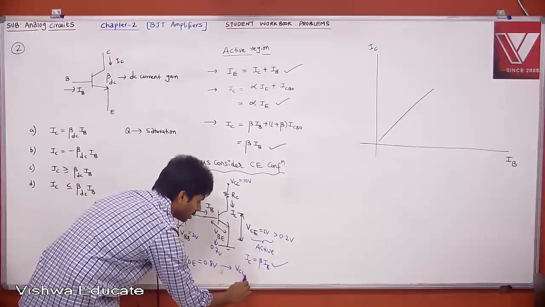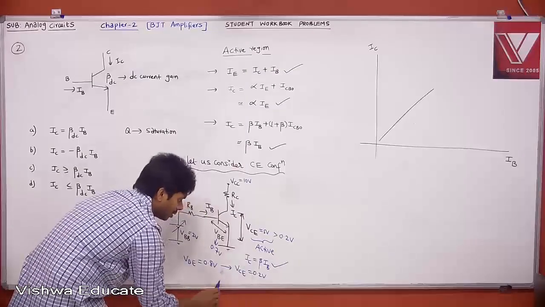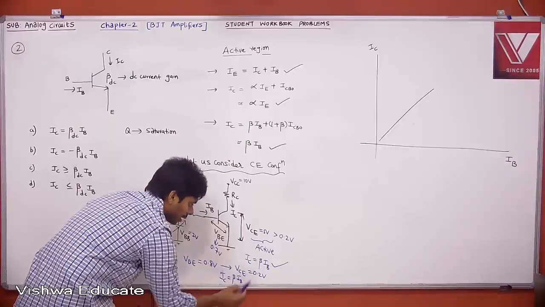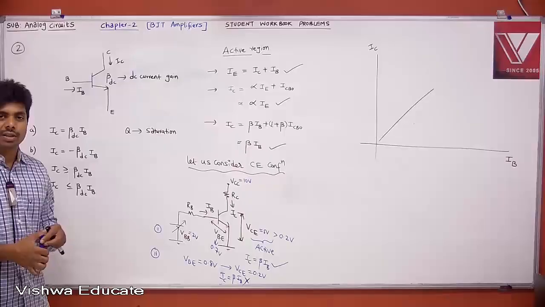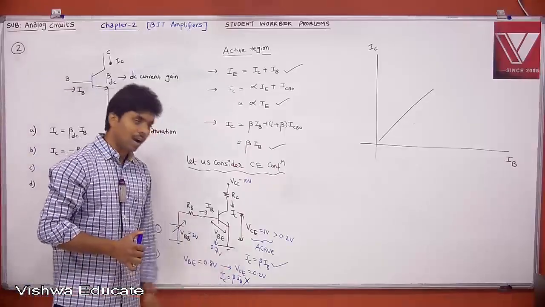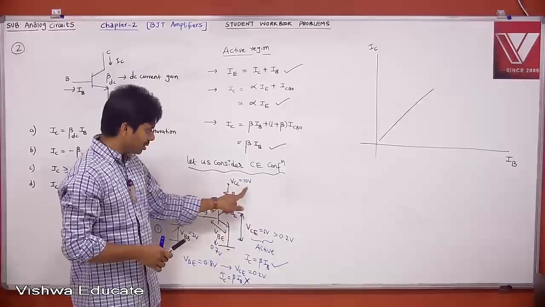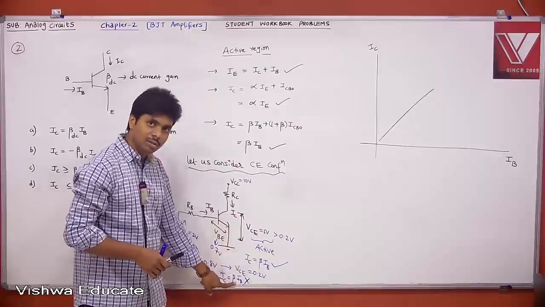Therefore VCE is becoming 0.2, let us say. Then it is not an active region. Remember that IC is equal to beta into IB, right? Is not valid. When the transistor is entering into saturation, then IC is equal to beta into IB is not valid. Then your output side, because VCC is fixed, RC is fixed, right? Transistor now entered into saturation.